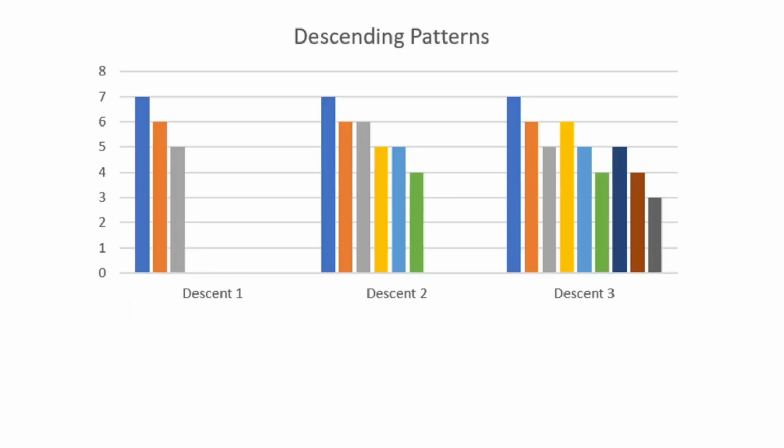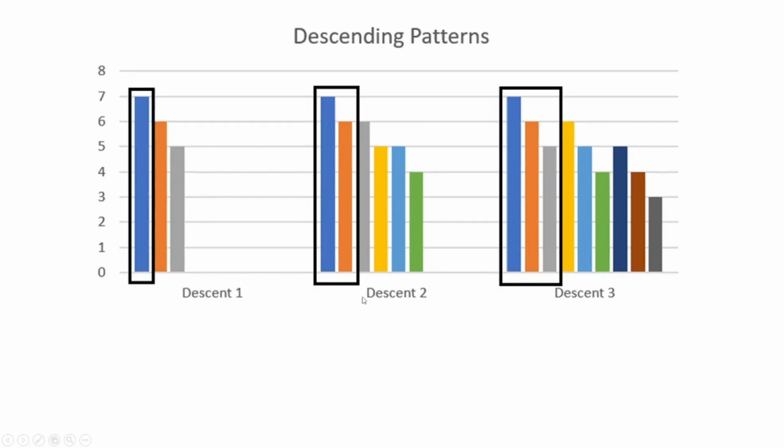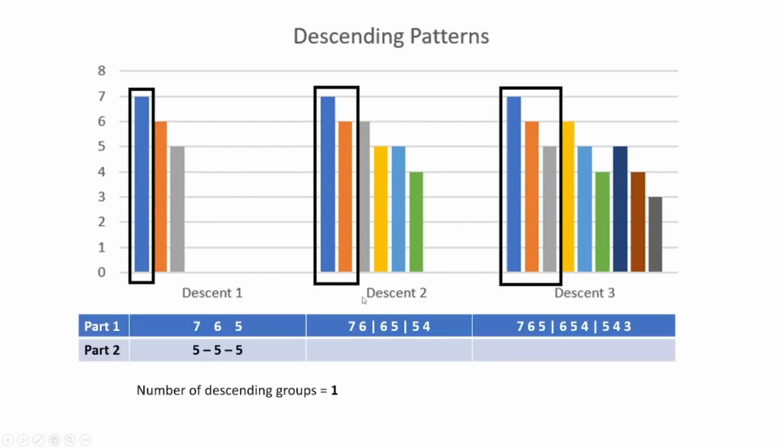Just to show how the two parts of the composition are linked together, the first descent is in groups of 1, 7, 6, 5, and correspondingly you have 3 Tatikitatum, so 3 patterns of 5.